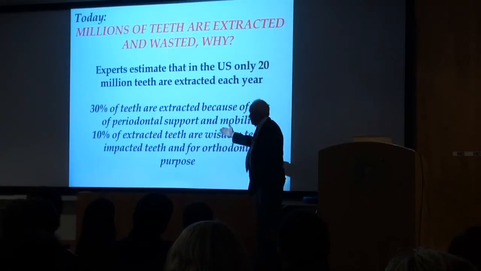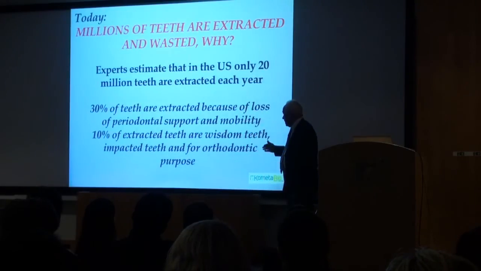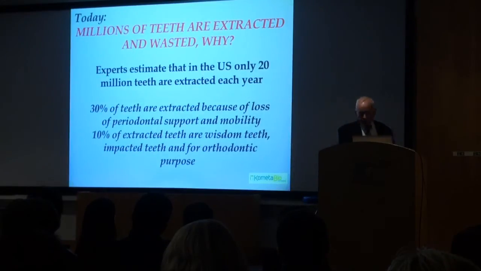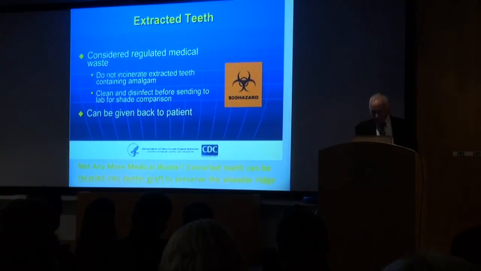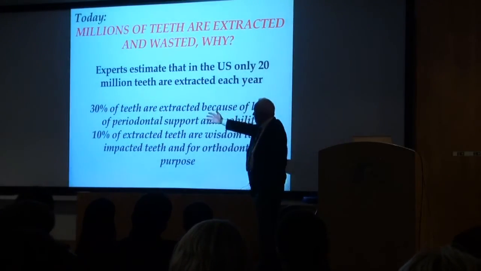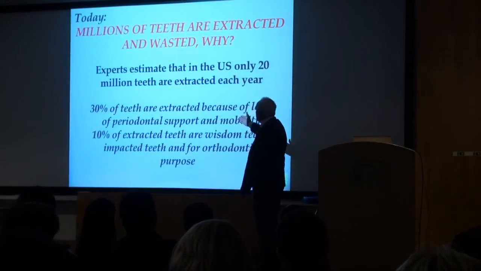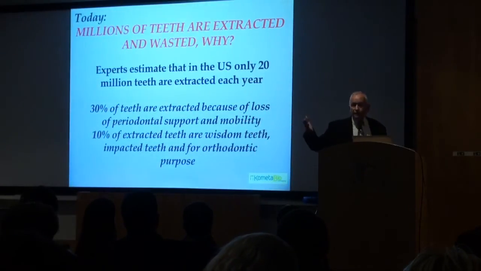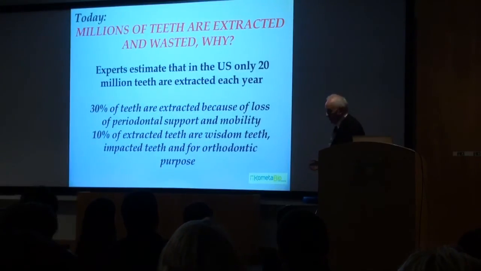Also, 10% of extracted teeth are wisdom teeth, or impacted teeth, or extracted for orthodontic reasons. So if we can use 10% of the 30% of the 20 million, we're talking about 2 million teeth that can be used as bone graft.